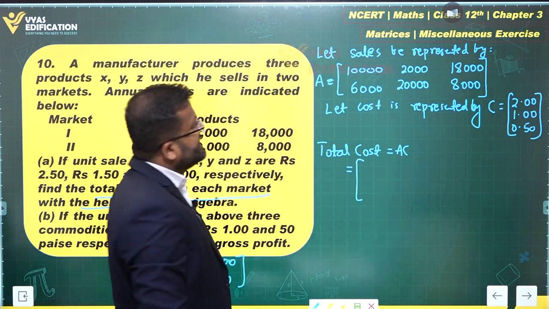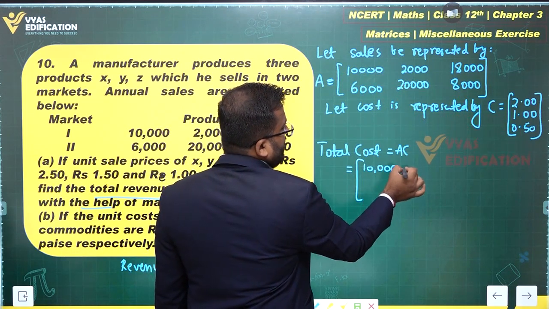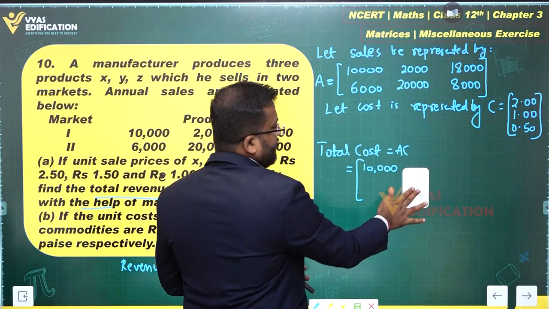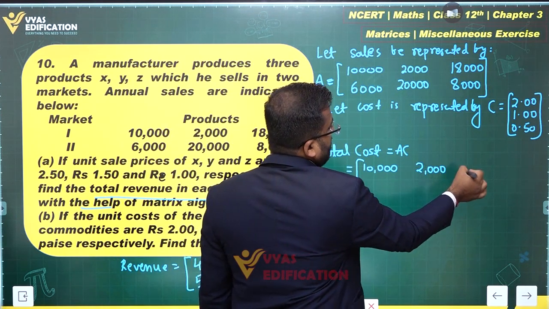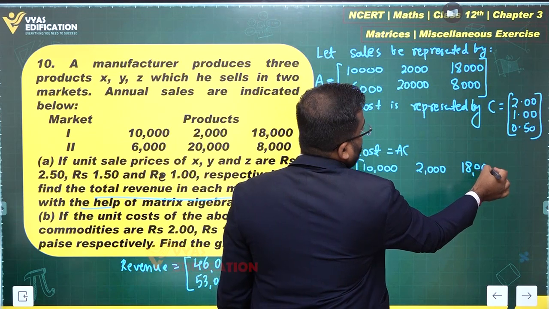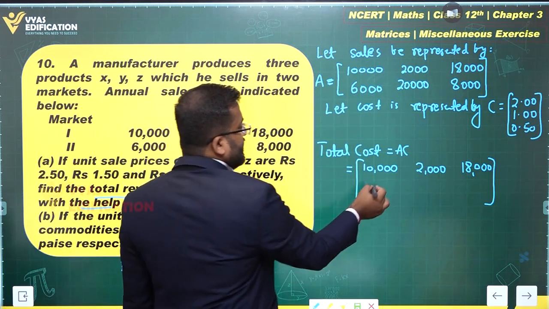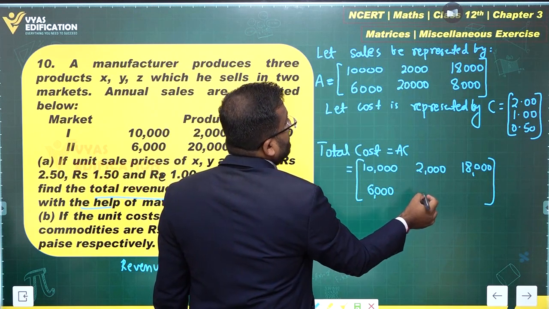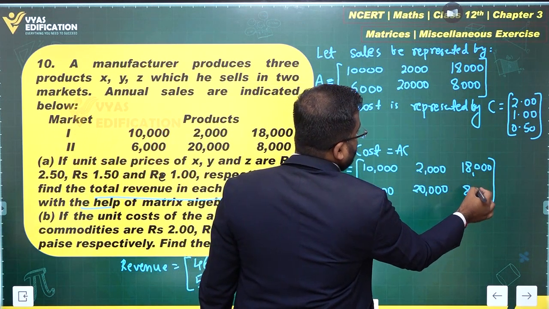What you have over here is 10,000, 2,000, 18,000. Let's write the numbers. 10,000, then we have 2,000 and 18,000. The second row has, in the second market, 6,000, 20,000 and 8,000.